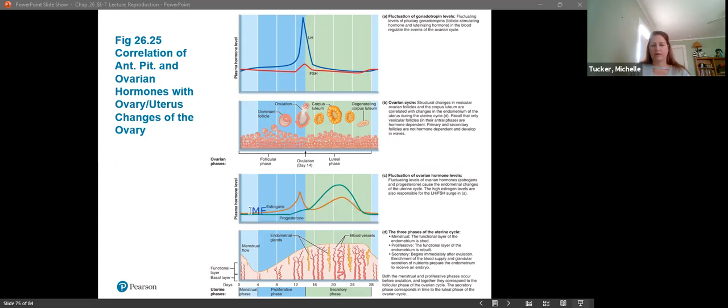That set of 20 maturing follicles. This estrogen peak is going to be produced by the dominant follicle. And then the estrogen and progesterone here are going to be produced by the corpus luteum.